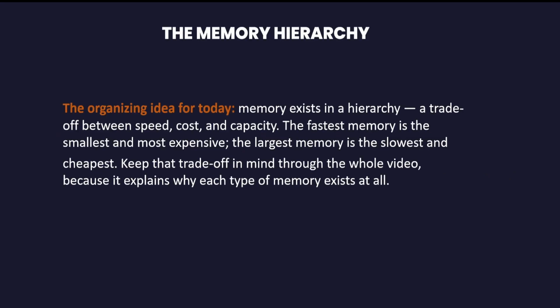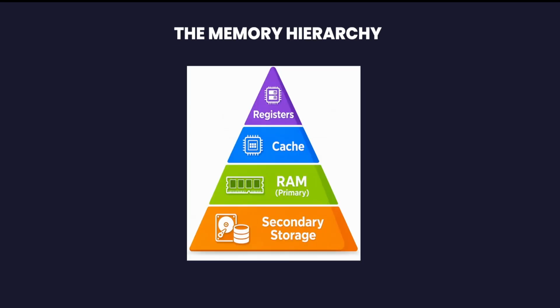The organizing idea for today: memory exists in a hierarchy, a trade off between speed, cost, and capacity. The fastest memory is the smallest and most expensive. The largest memory is the slowest and cheapest. Keep that trade off in mind through the whole video because it explains why each type of memory exists at all.